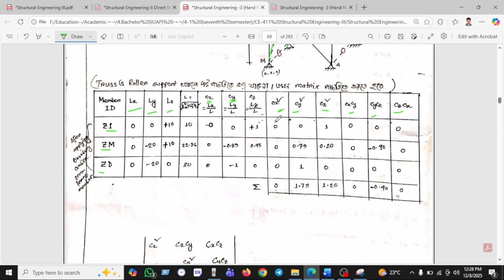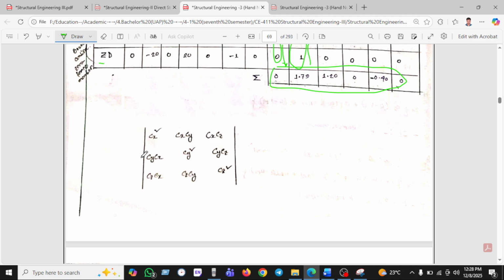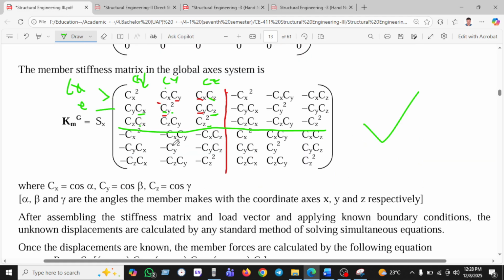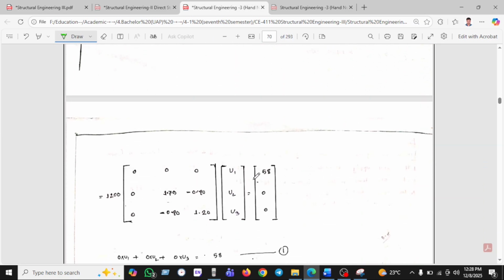Putting all this below, we are summing all this here and finding this rho. Now we are putting this equation as we know. This equation must be memorized, and finding this u1 to 3.